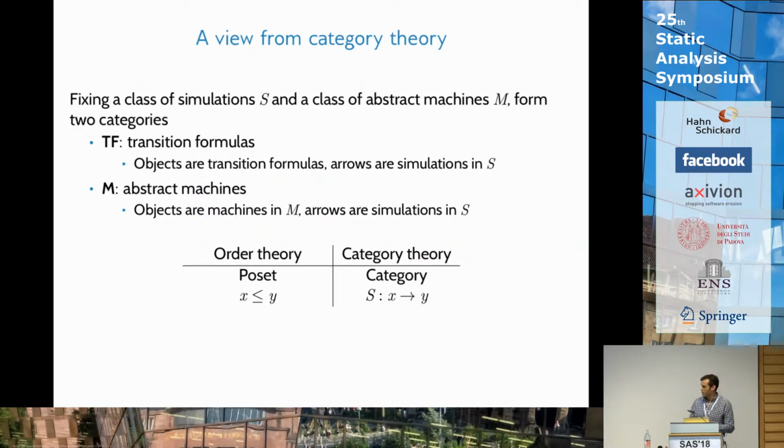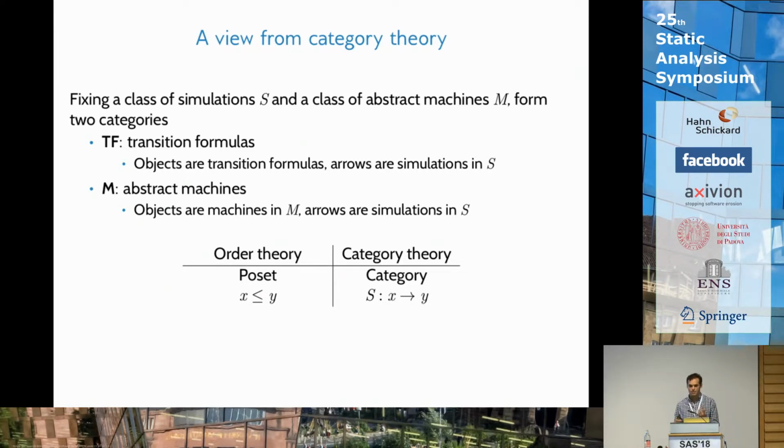So these categories are just standing in place of where we would ordinarily use partially ordered sets. But instead of having a binary relation, we're going to have these arrows. So one machine simulating another is not a binary proposition. There's content in that simulation.